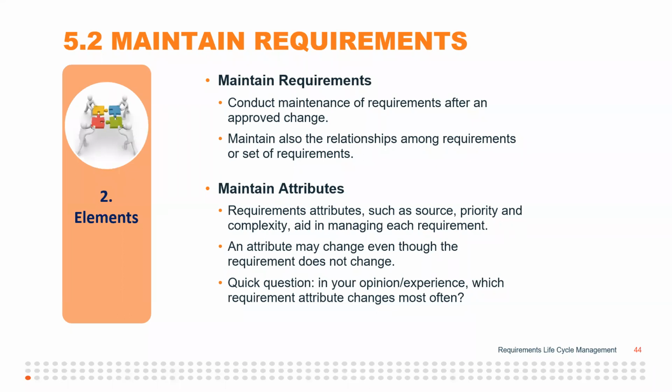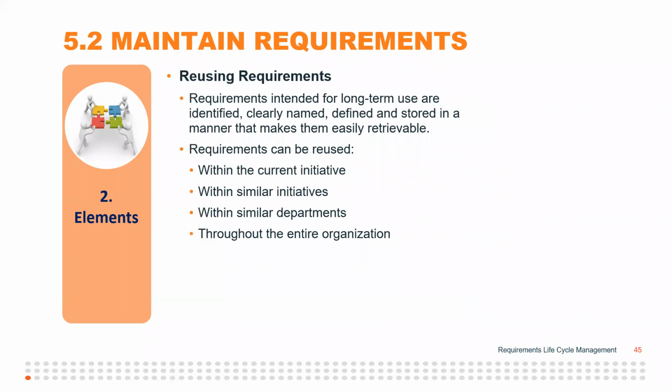Status. No, correct. Yeah. So I'm going to go ahead and, well, wait a minute. Oh, I didn't put the answer in here. Sorry. Anyway, the answer is the priority, right? Well, it's actually the priority that changes the most often because depending on situations and changes to the sponsor's priorities, the priority of the requirements may change. Something might come up that's a bigger deal, right?